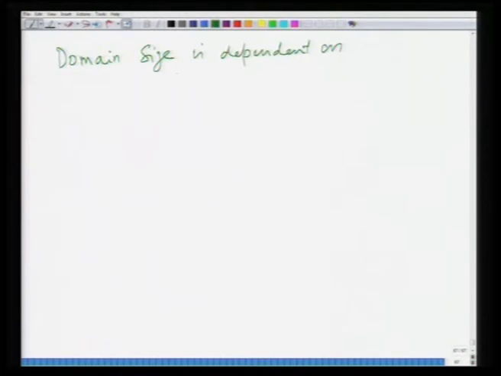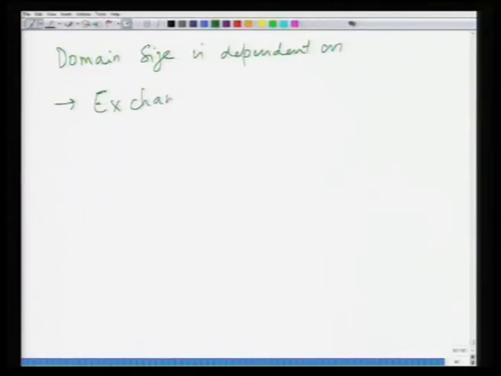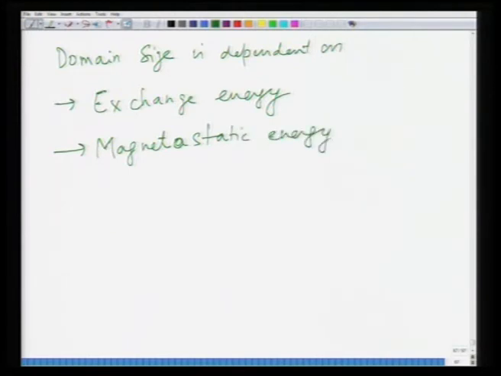The balance between them matters because some of these energies are positive, some negative. So of course you have exchange energy, and you have magnetostatic energy, which is essentially due to surface flux density.